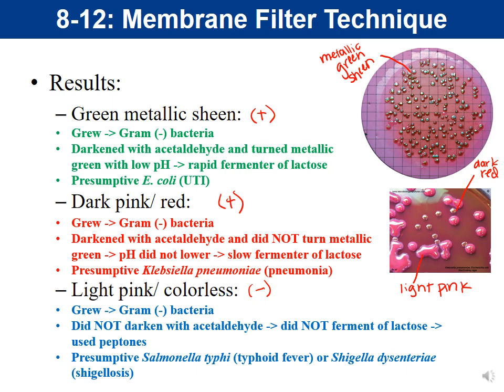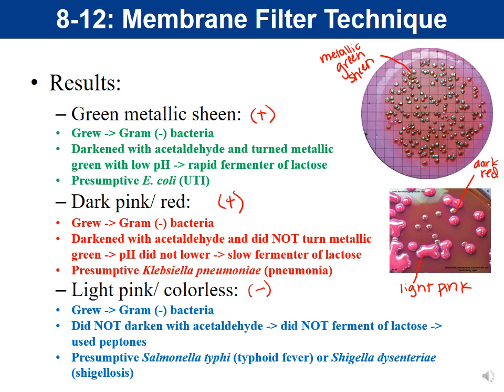In order to be a coliform, it has to be a gram-negative rod that ferments lactose to produce acids and gas. So this bacteria would not be a coliform. It is gram-negative, but it's not a coliform.